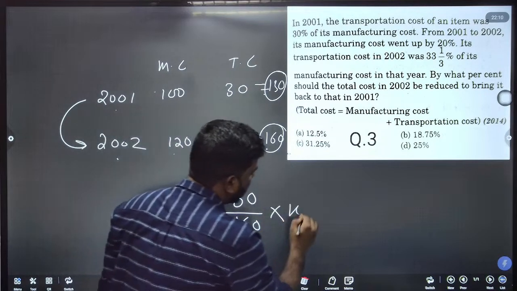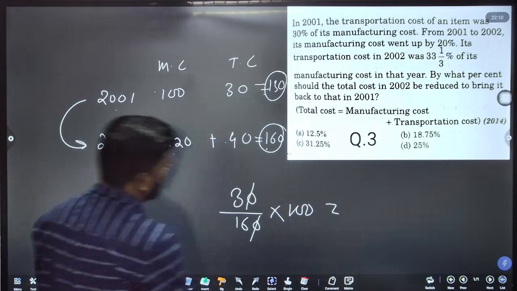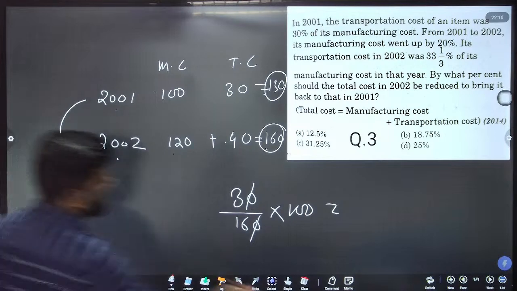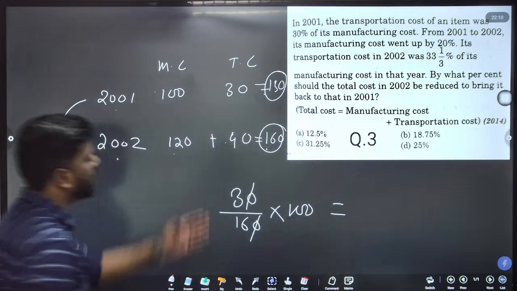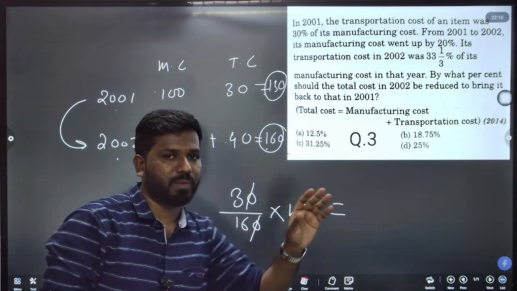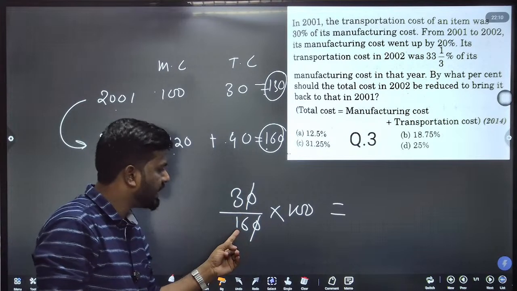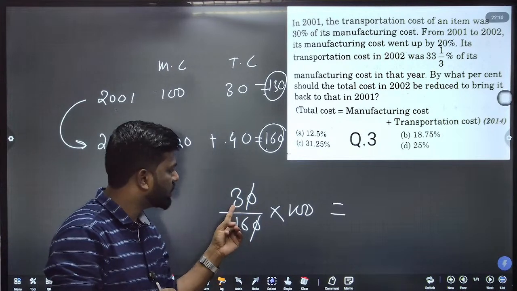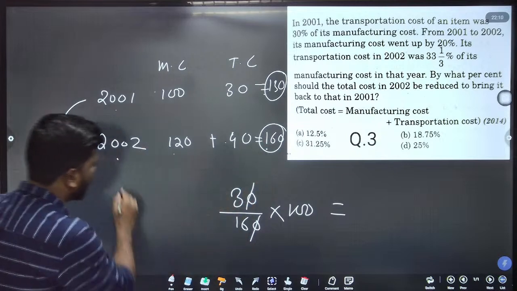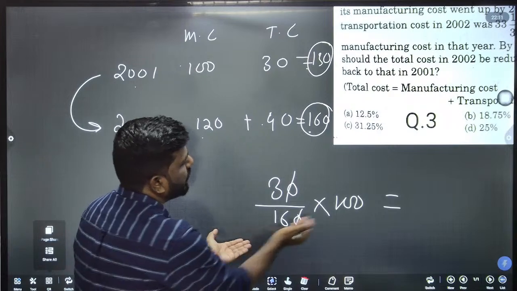Now in terms of percentage, after calculating, this will be 30 by 160. You can directly divide this, or I'll say 3 by 16. I know 1 by 16 is around 5.75 or let's say 6%. So 1 by 16 is 6%, for example. In case you don't understand these things, you can directly calculate this.